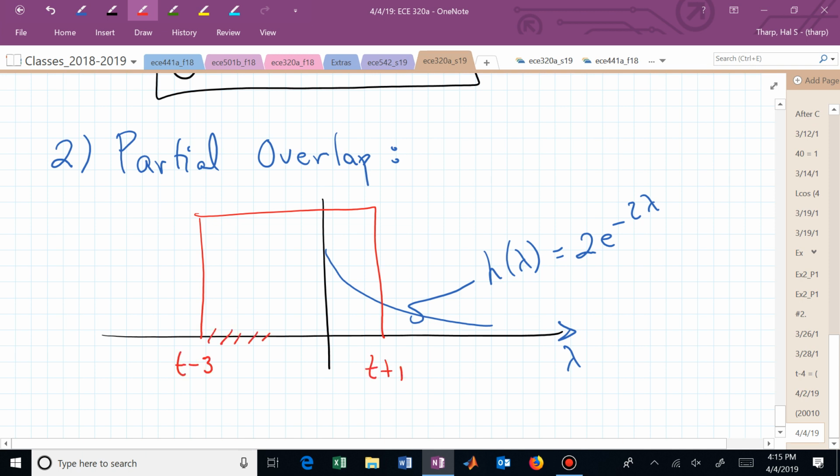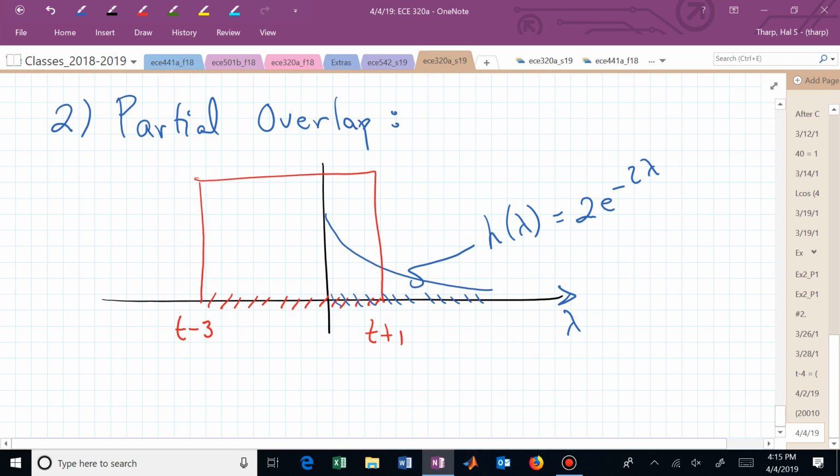This is now our x of t minus lambda, and this is our h of lambda. And it's important how I'm cross-hatching these. That's going to give us information as to how to compute this convolution integral for this overlap pattern.